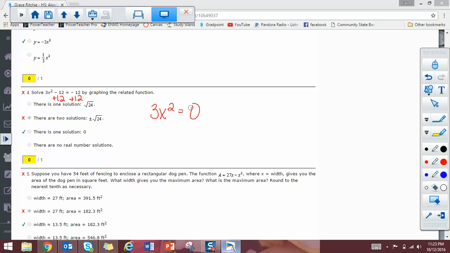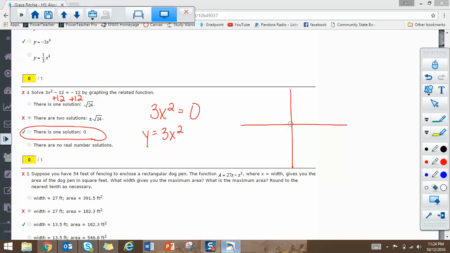So if I were to graph this, you can kind of think of this function now as f of x equals 3x squared, or y equals 3x squared. So we can plug in some different x values. If you do that, you'll find that the graph crosses the x-axis at 0. So it would look something like this.